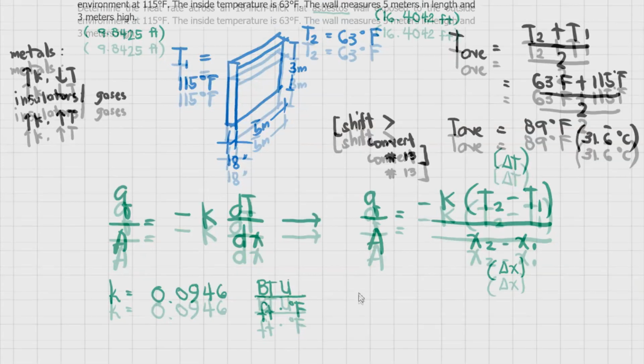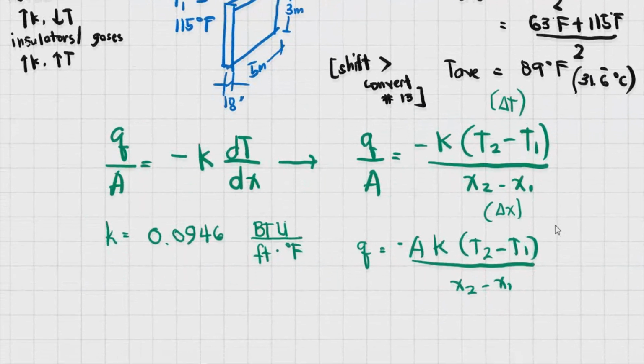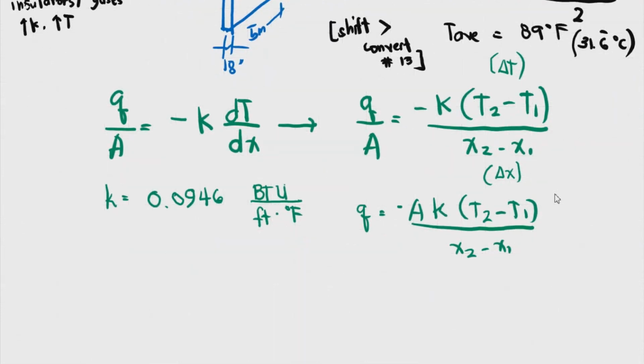Okay. So we have Q. So in terms of Q, our equation would be Q is equal to A times negative K times T2 minus T1 all over x sub 2 minus x sub 1. So finally, we have Q. So we're talking about the area here nung wall natin. So this is just length times width.